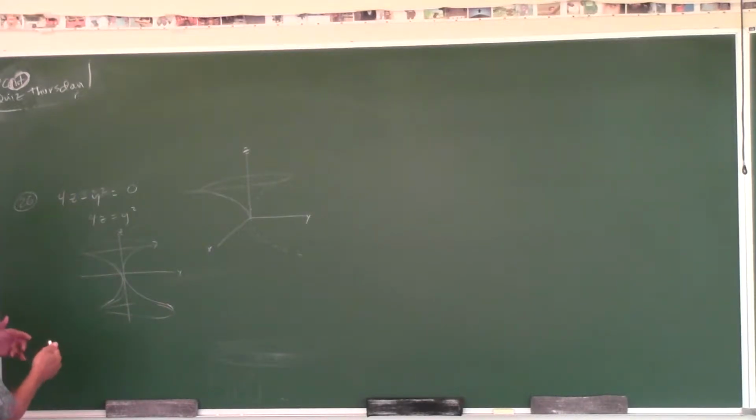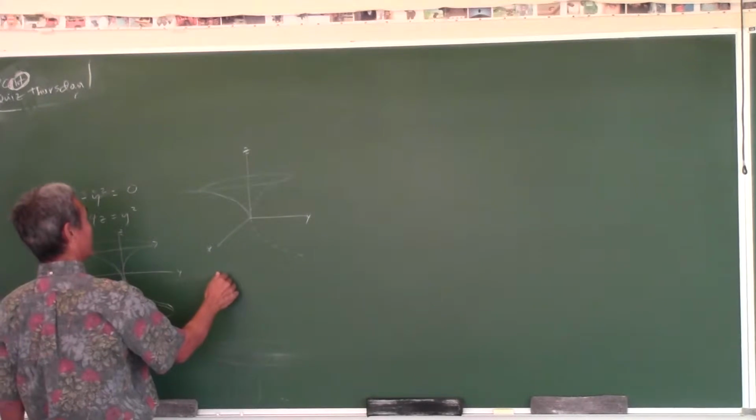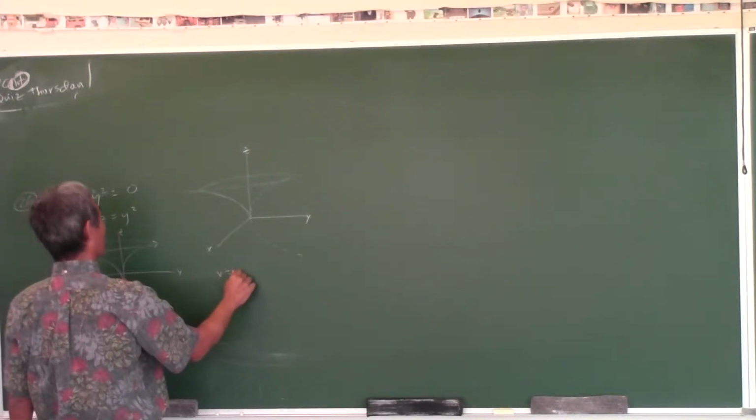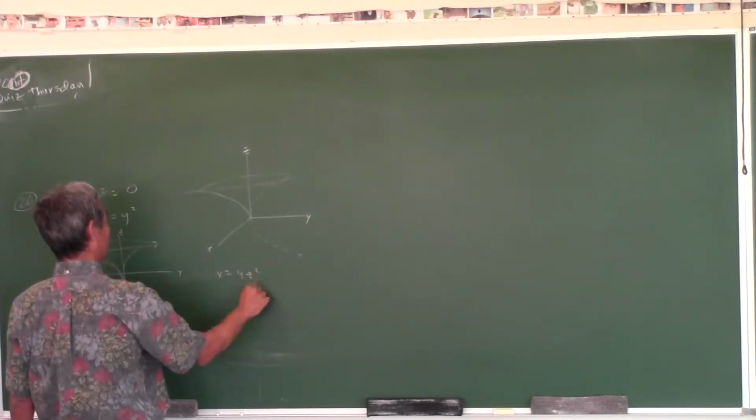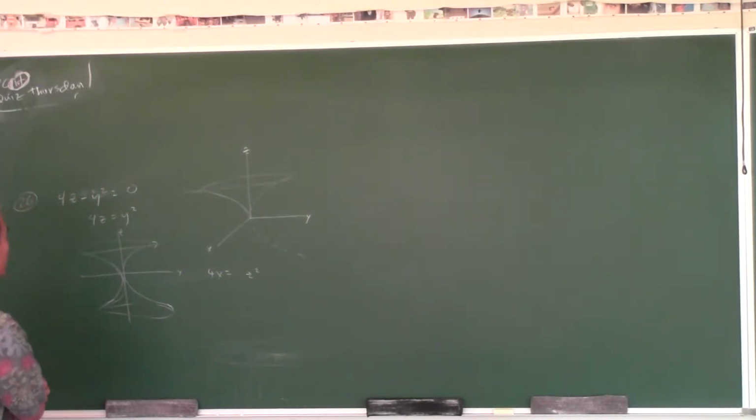So in the xz plane, wouldn't the equation then be x equals 4z squared? No, wait, 4x equals z squared. Is that right? What is it in the xz plane? 4z minus x squared.